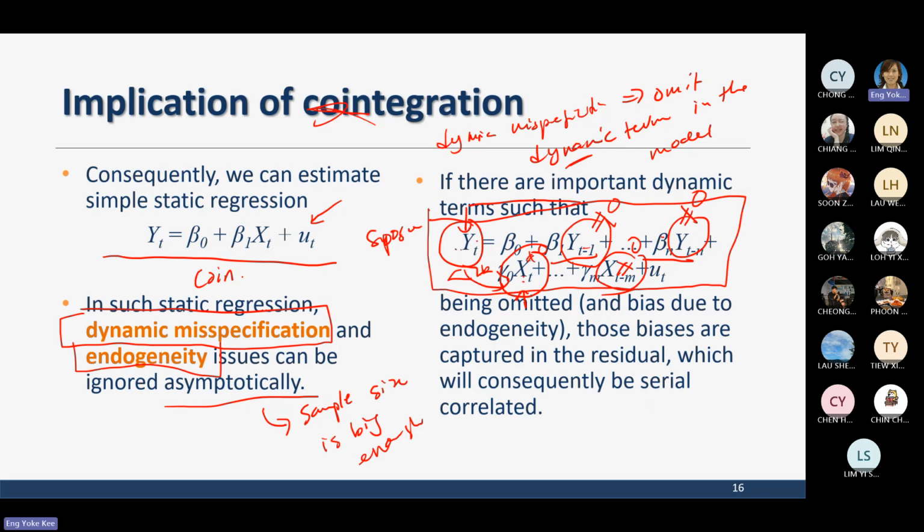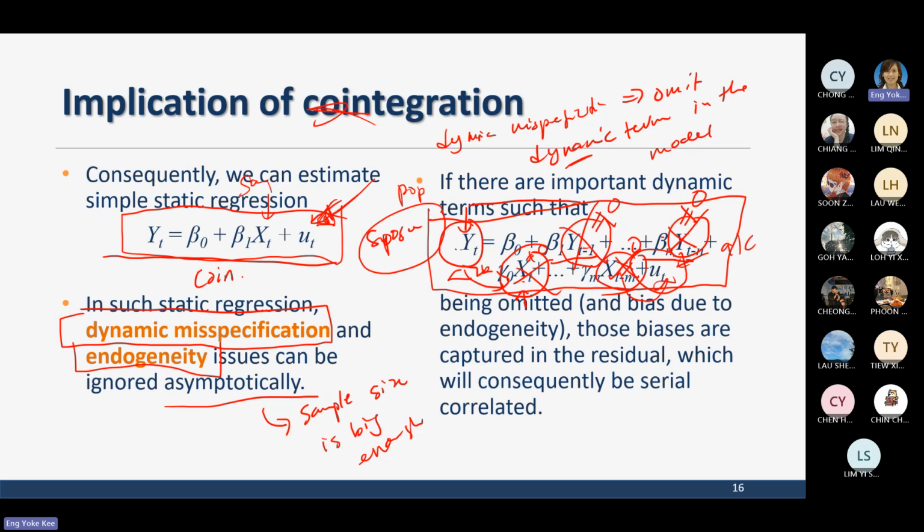But because of your assumption or your ignorance, you believe that your relationship is strong enough, that you are in long run already. So this is the population, but you estimate the sample like this. What will happen? All this dynamic term is omitted. Where does it go? It goes to your error term. It will make your error term suffer from an autocorrelation problem.